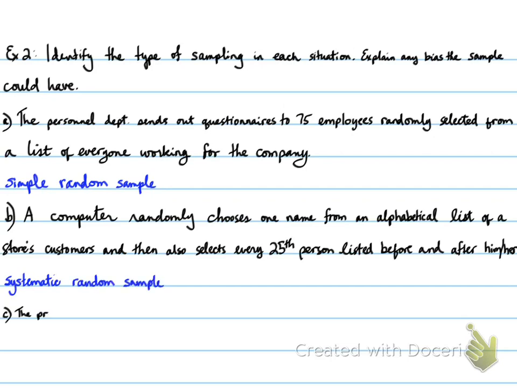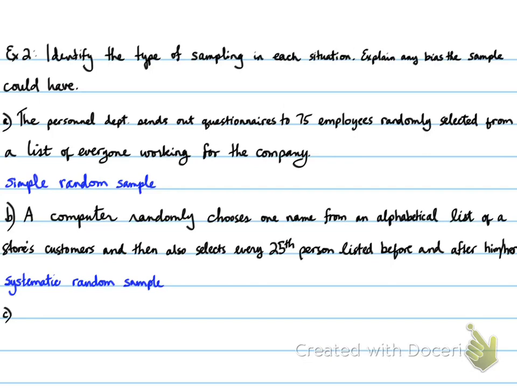Now, what kind of bias could occur is, for example, maybe there's male and female shoppers, and you only ask all females, or only males. So again, it can be difficult, and a bias could occur because it is influenced by a certain gender.